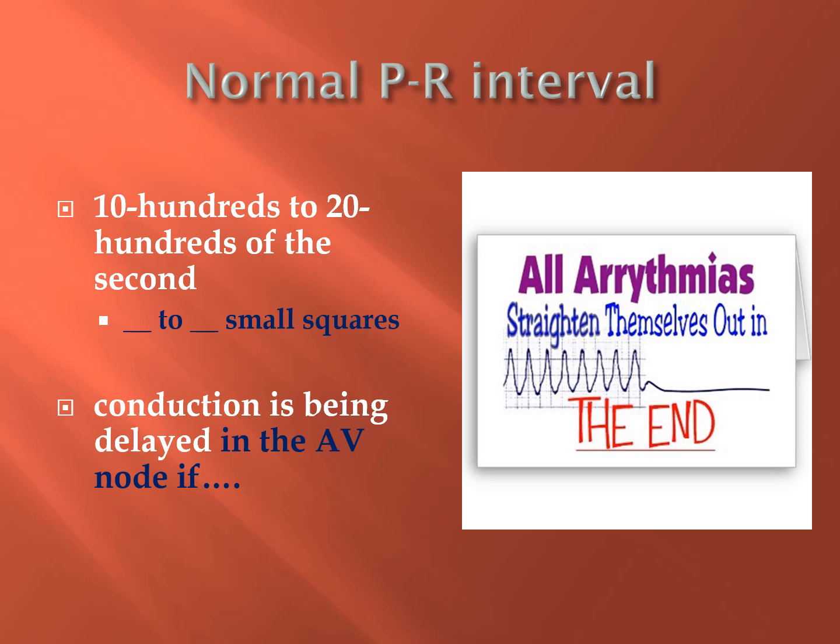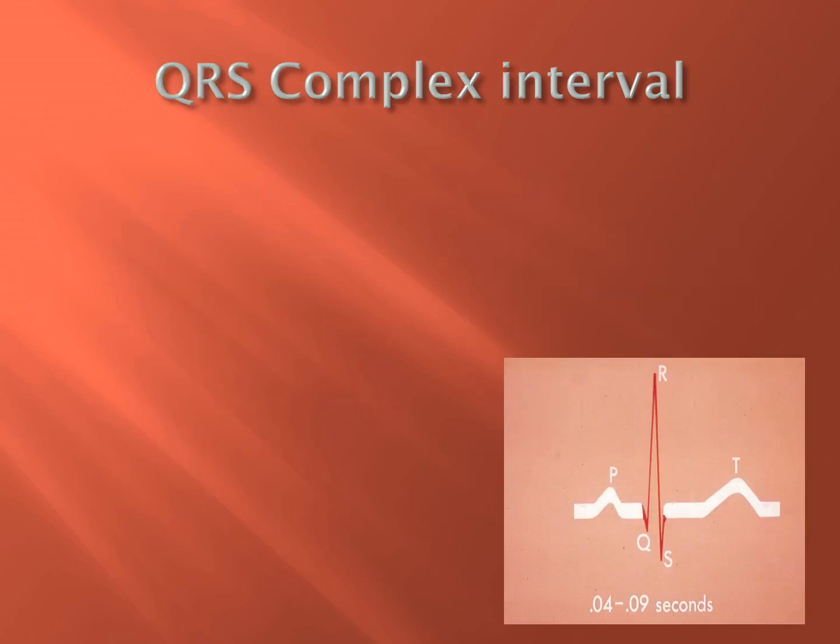This is something we're going to look at when we start looking at heart blocks: if the PR interval is greater than 0.20, that could be a sign of a heart block. That means the electrical activity is slowed down, something is wrong. Just like if you hurt your knee, you're going to slow down because something is wrong. Same thing here. The longer the PR interval, the more likely there is something wrong.